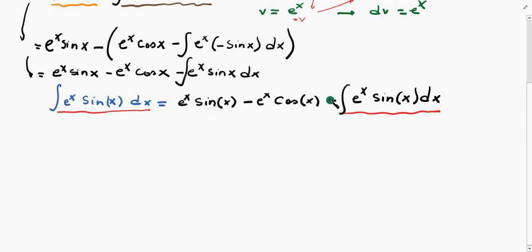So what we're going to do is take this one here to the other side.